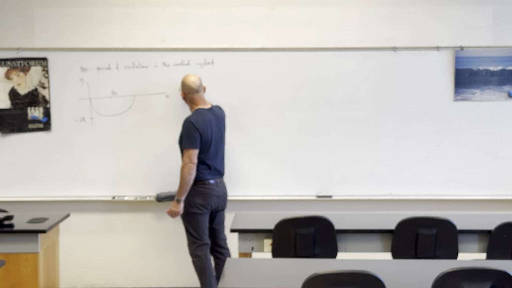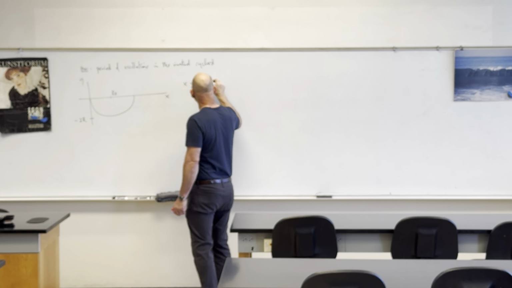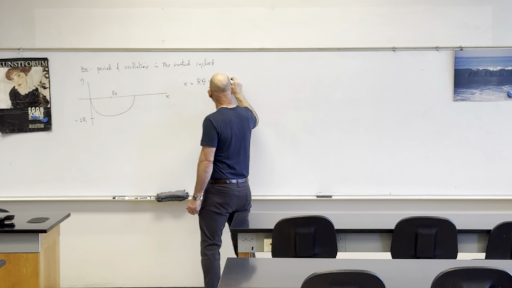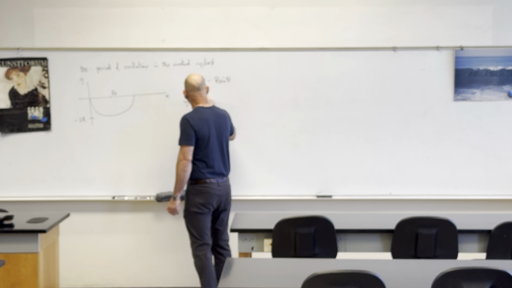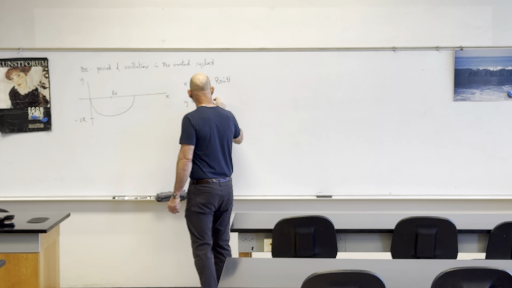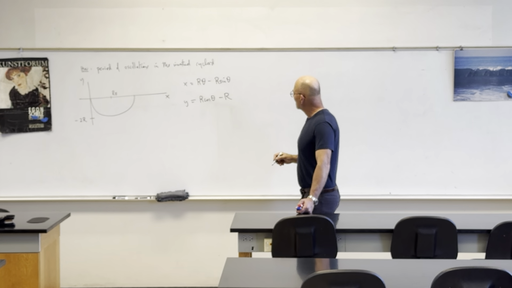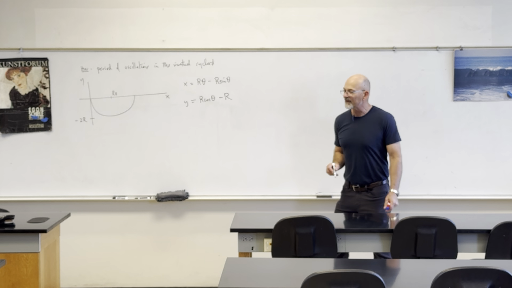So we had x equal to r theta minus r sine theta, and y equal to r cos theta minus r. When theta was 0, it was 0, and when theta was pi, it was minus 2r. So that was the inverted cycloid.